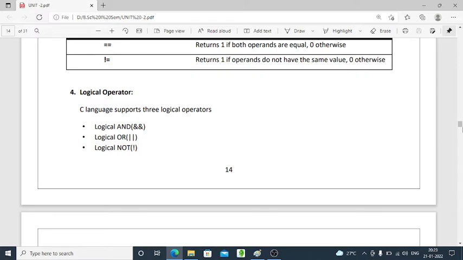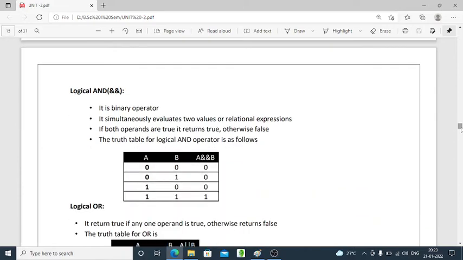When it comes to the logical AND operator, it is a binary operator because it works on two values, two operands. The operator which works on two operands is known as a binary operator.